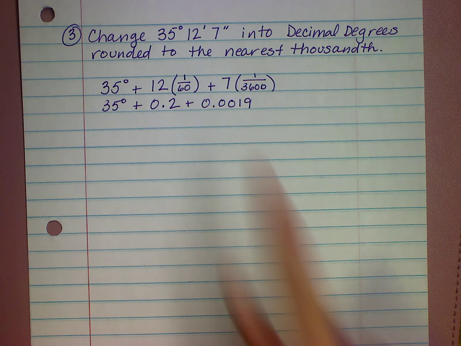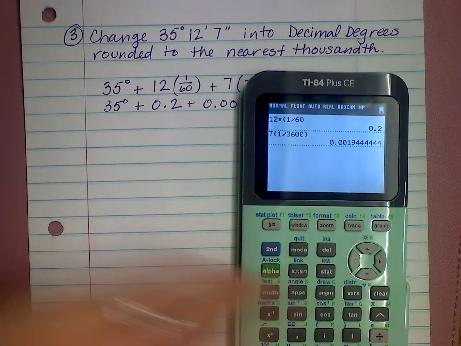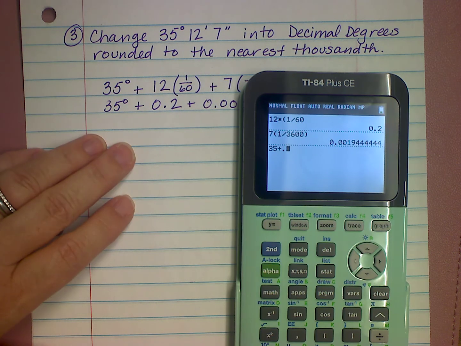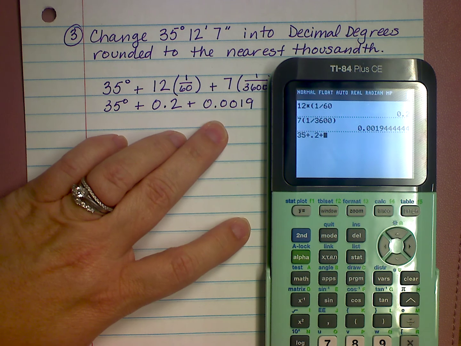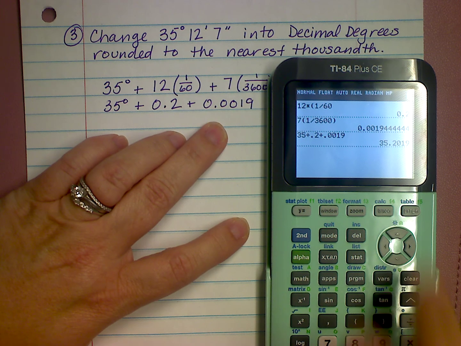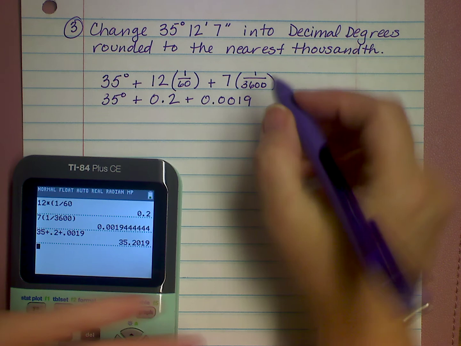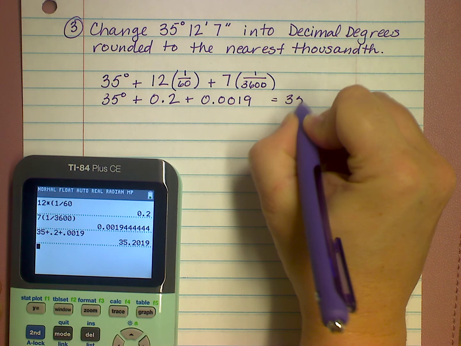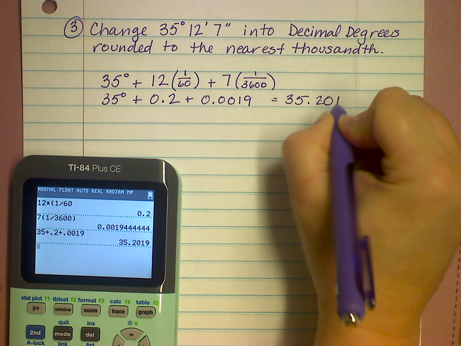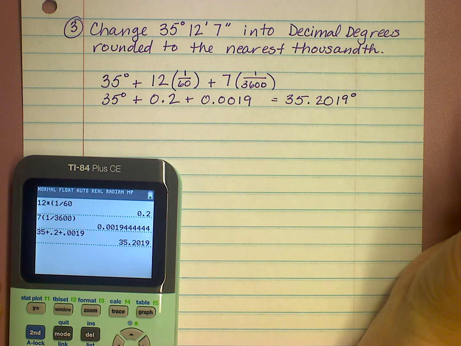What do I get when I add all those things up? 35 plus 0.2 plus 0.0019. I get 35.2019. Keep in mind we're talking about degrees.